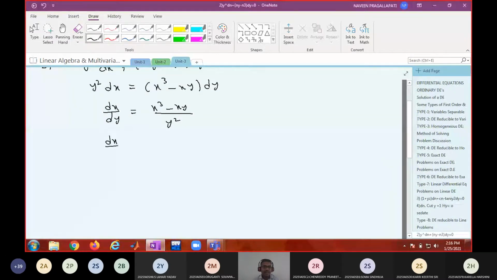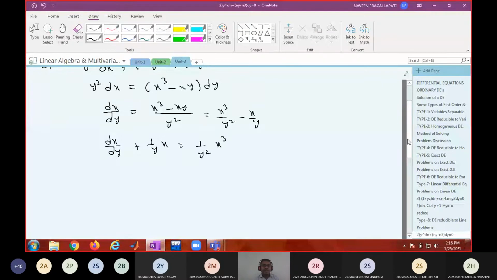When I separate the terms, this is minus x by y. So when I bring this minus x by y to left hand side, dx by dy plus 1 by y into x is equal to 1 by y square into x cube.